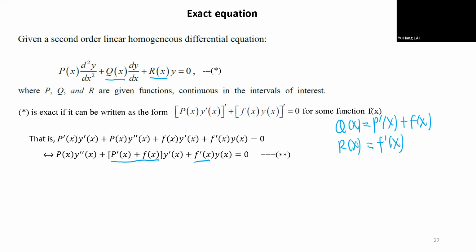So if we take the derivative of the first one, we get Q prime of x equals P double prime of x plus F prime of x, and F prime of x is actually this R of x.